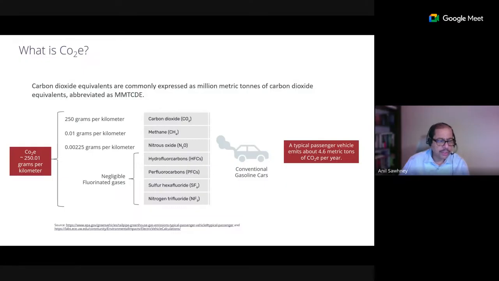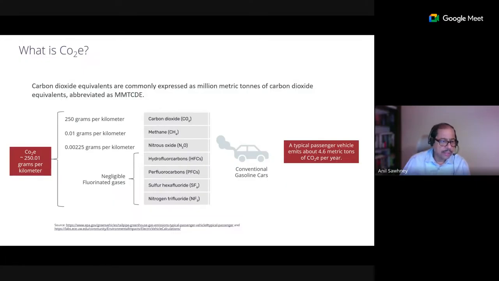But all of this, let's bring it to some relevance. Now, a typical petrol car, gasoline car, this is US data produced by EPA, would emit per kilometer 250 grams per kilometer of carbon dioxide in its tailpipe.